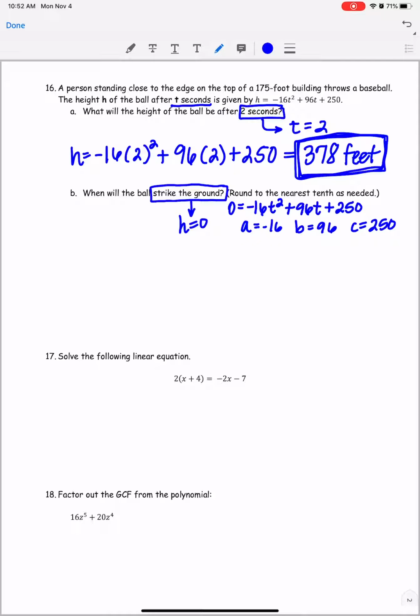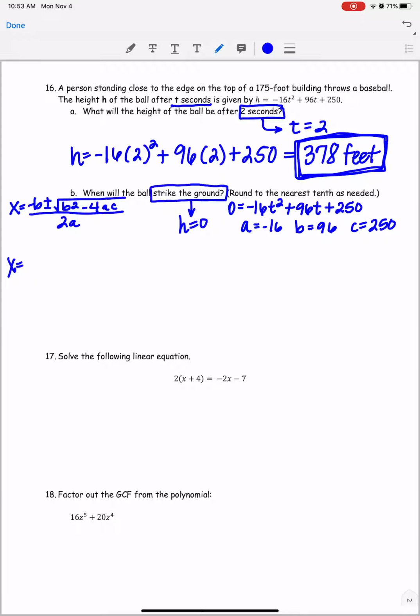My quadratic formula is negative b plus or minus the square root of b squared minus 4ac all over 2a.